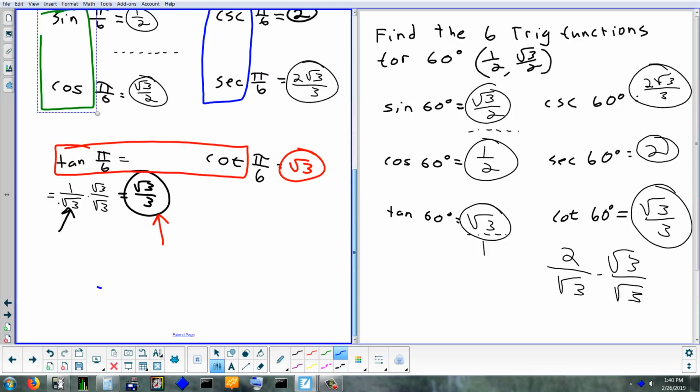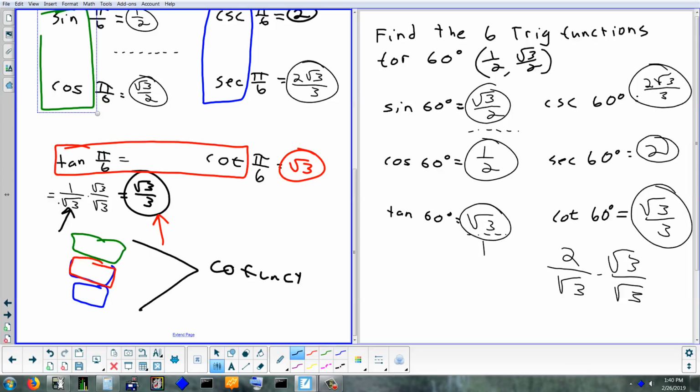So if I wanted to kind of write that, the blue box, red box, and green box, these are cofunctions. And we'll talk more about cofunctions and why that happened next week.